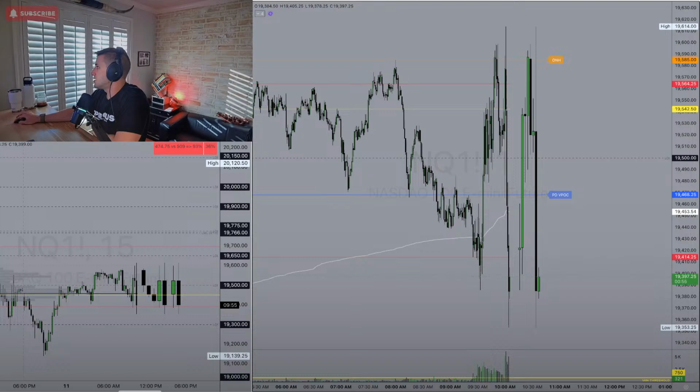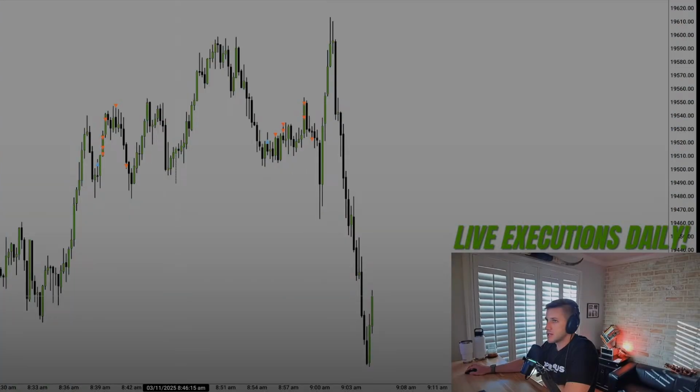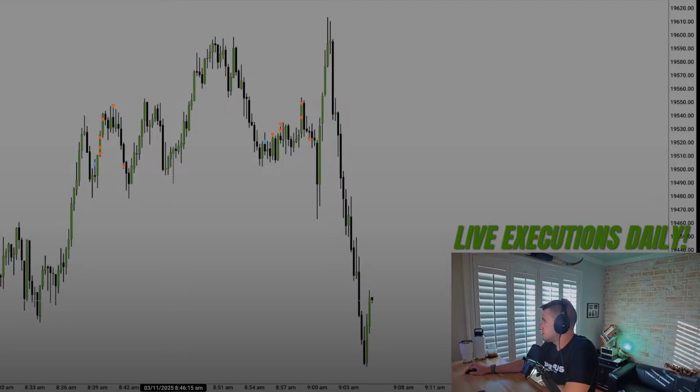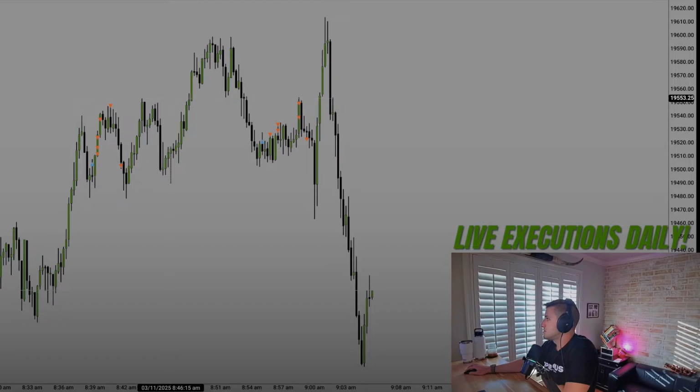As of right now, we've got two trades on the morning, both versus that 500 level of interest. So let's see that 300 area, 300 prior day low.